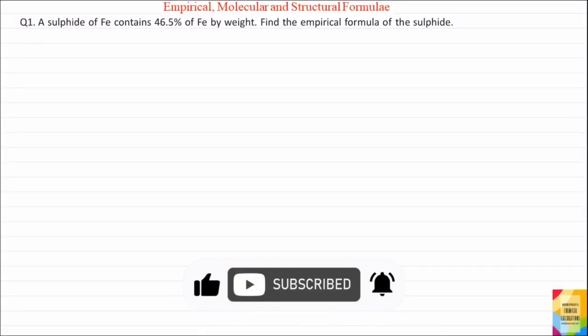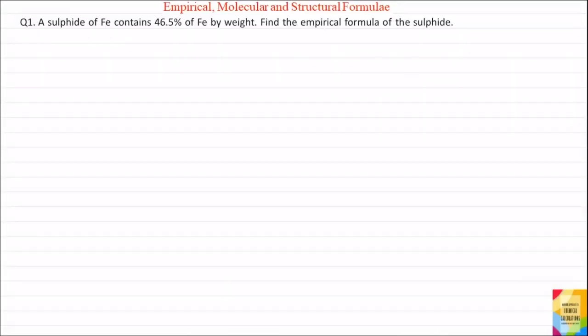Question 1. A sulfide of iron contains 46.5% of iron by weight. Find the empirical formula of the sulfide. Percentage by weight of iron is 46.5%. So if the weight of the sulfide is 100 grams, then weight of iron present in it is 46.5 grams.